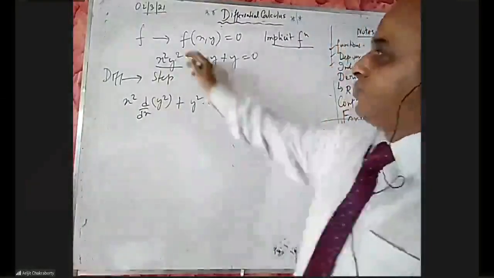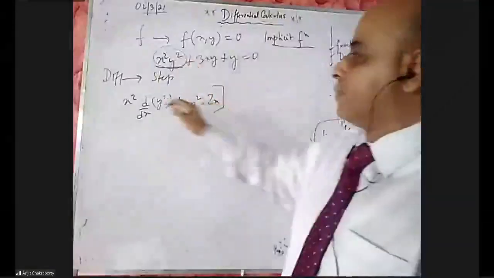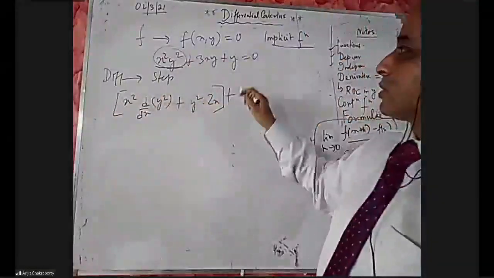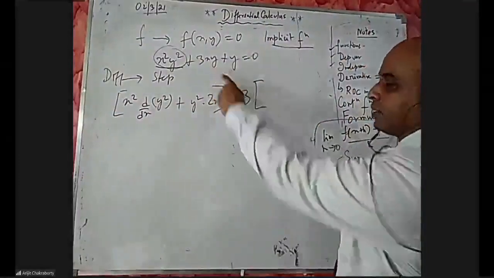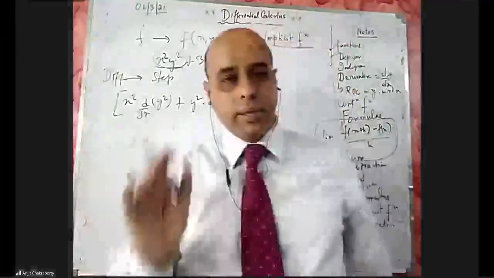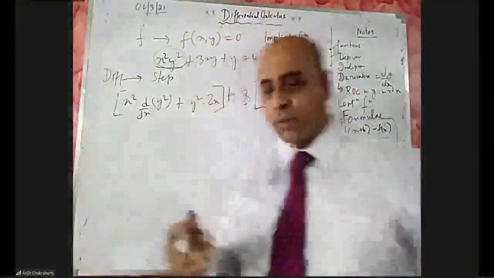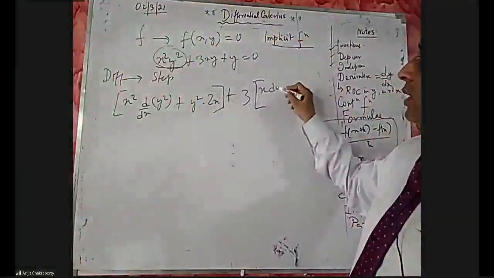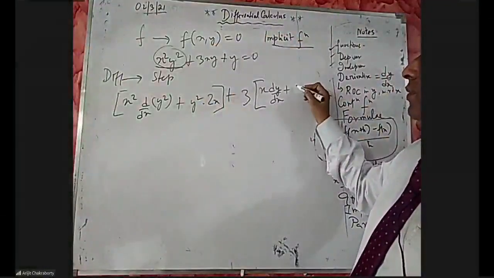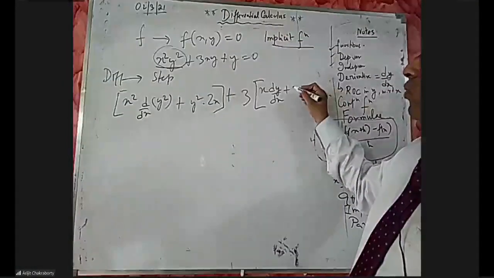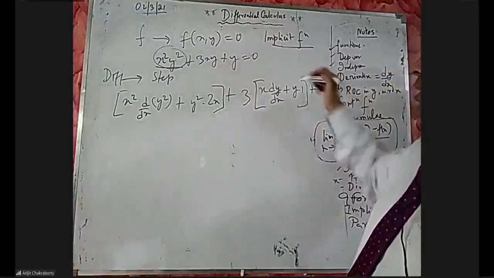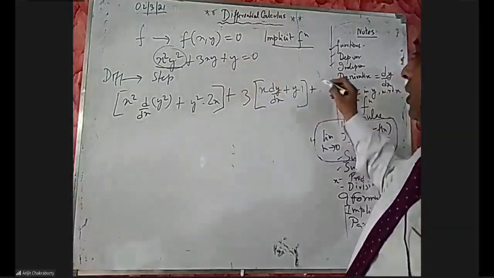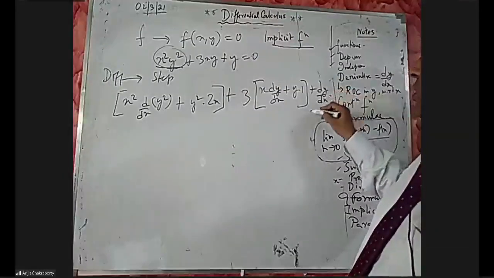So my first part is over. Plus I'm taking 3xy. I keep 3 outside. xy, so here it's a product rule, uv. Here it's xy. So I keep x outside: x dy by dx plus I keep y outside. dx by dx is 1, plus y. So I take dy by dx. This is equal to 0.